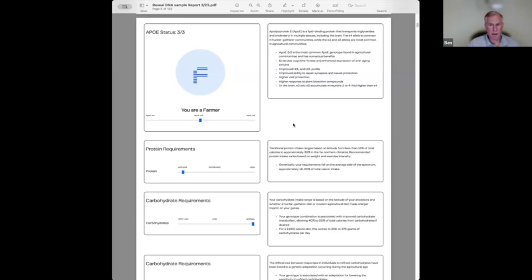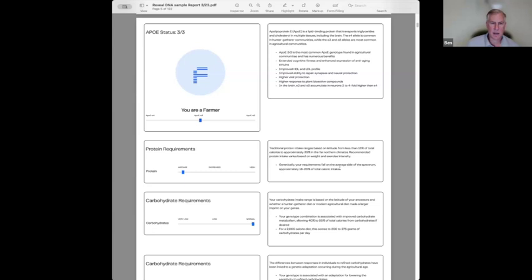So what do I mean by this? Well, for example, right below this, you see the protein requirements. For this person, they are average. So it gives you your information of what to do. Your requirements fall on the average side of the spectrum. Approximately 18-20% of your total caloric intake should be protein. That's your action step based on your DNA, based on your genes.